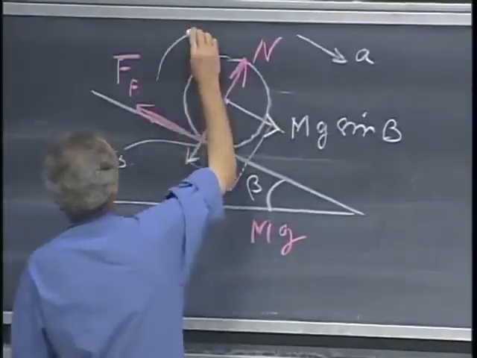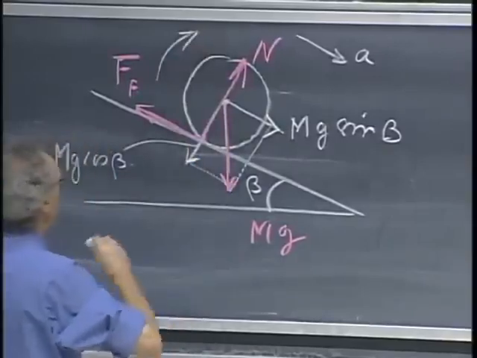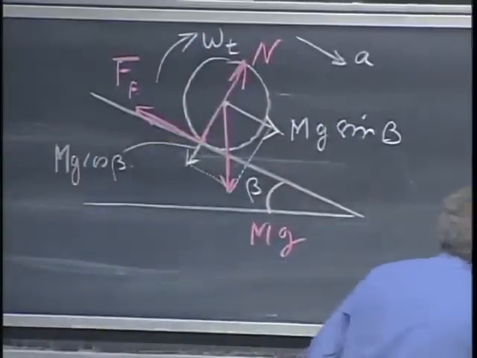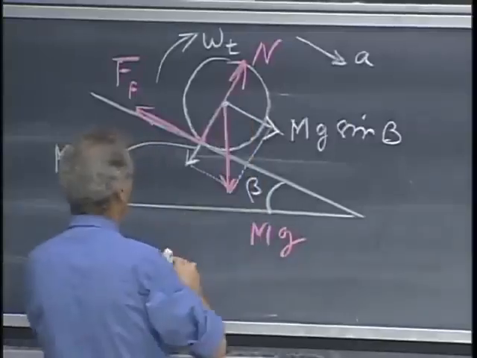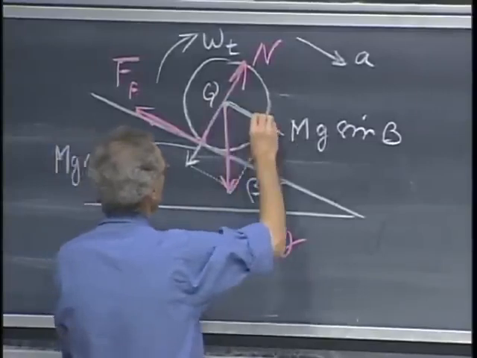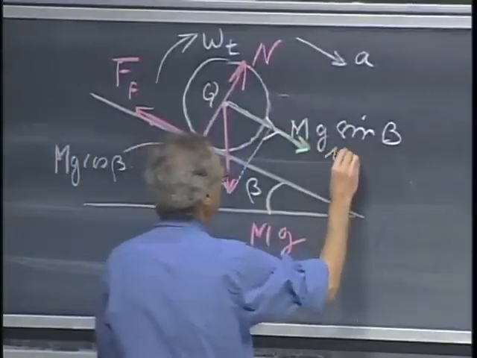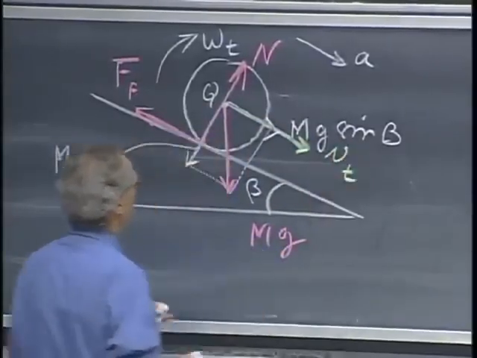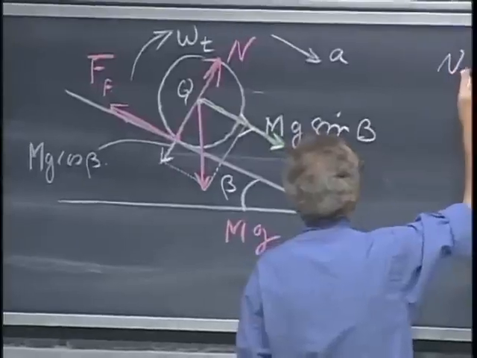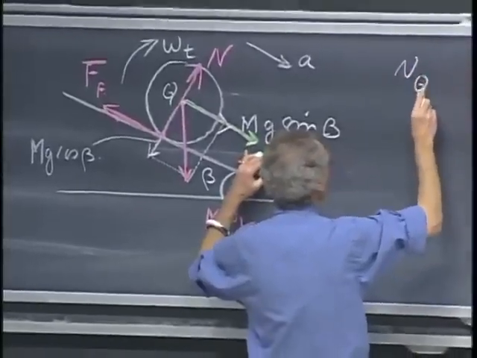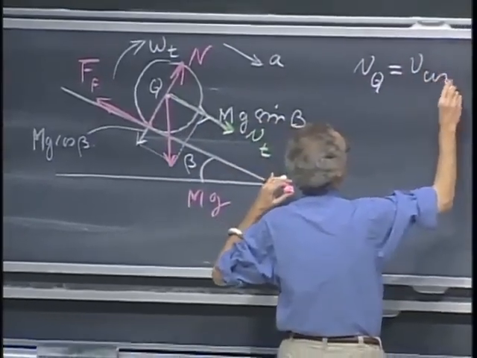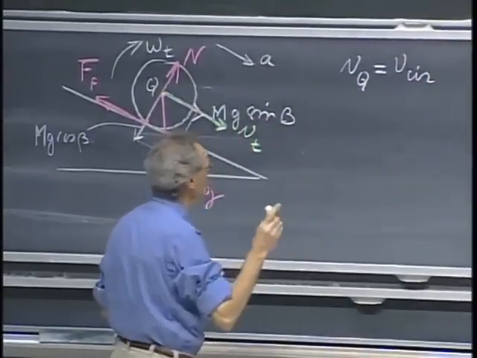There is an angular velocity at any moment in time, omega, which will change with time, no doubt. And then this center point Q, which is the center of mass, is going to get a velocity v, and that v will also change with time. And the v of the point Q, which changes with time, is v of the circumference, because that is the condition of pure roll.